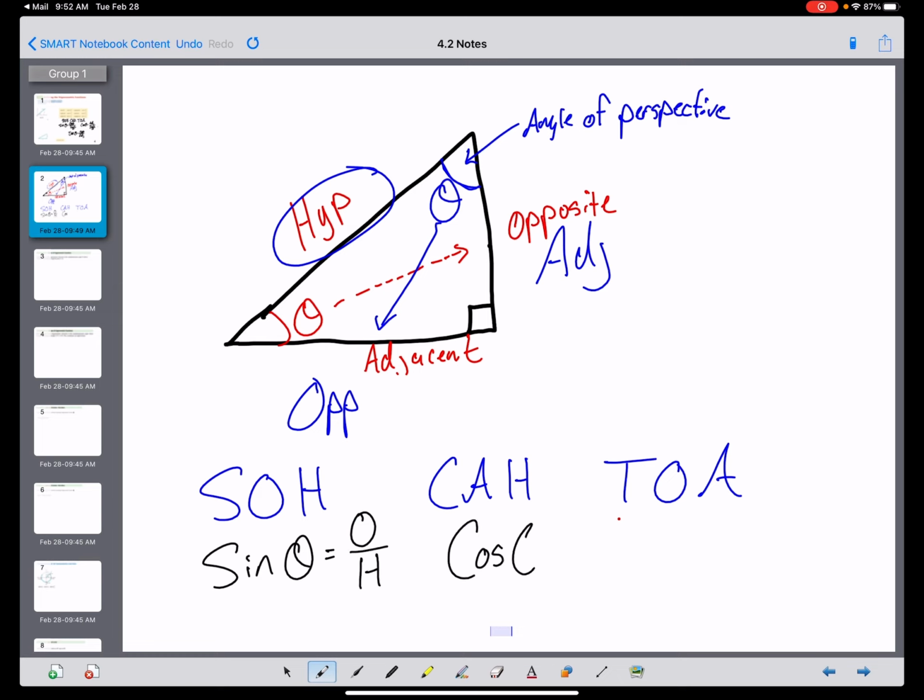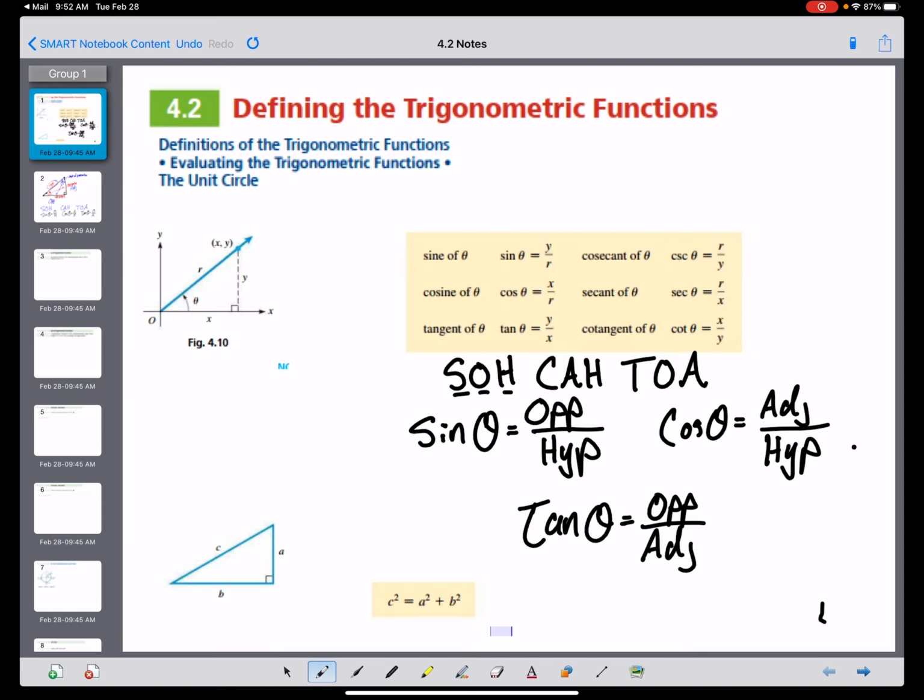Cosine of some angle of perspective is equal to the adjacent side over the hypotenuse. And tangent of some angle of perspective is equal to the opposite side over the adjacent side, right? They say X and Y, but if you think about it as opposite and adjacent, you're going to be fine. The XY stuff, we'll get there.